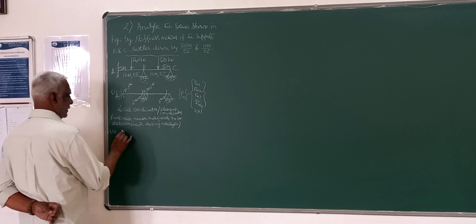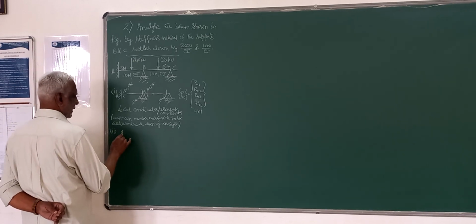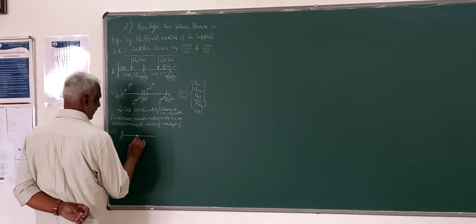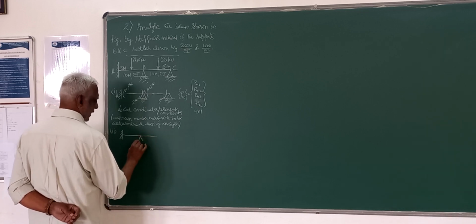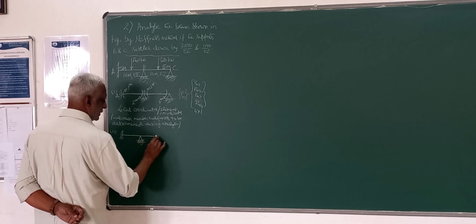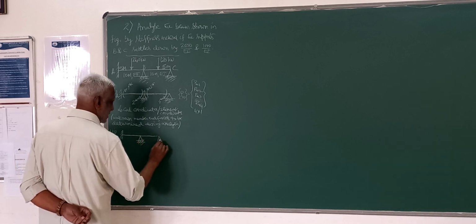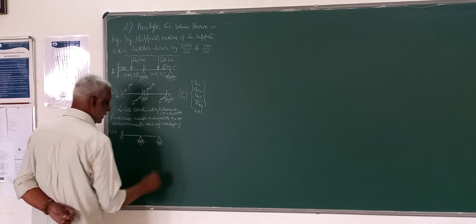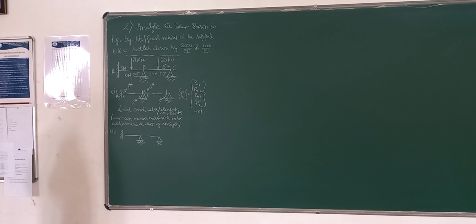Then second step, you have to find the kinematic indeterminacy, because it is the stiffness method of analysis. You have to determine the kinematic indeterminacy and represent the unknown joint displacements, which you have to determine during analysis, by global coordinates or system coordinates.